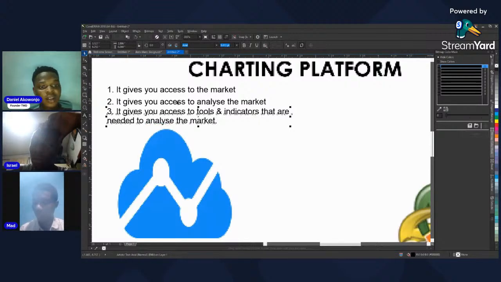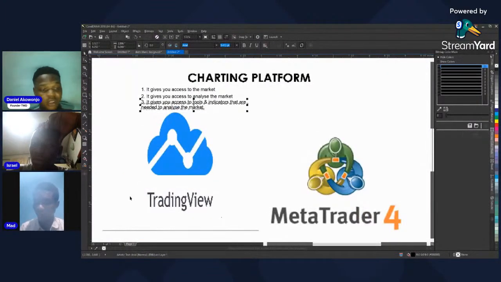So that's what TradingView does. It does a lot of other things. It gives you access to different currency pairs.